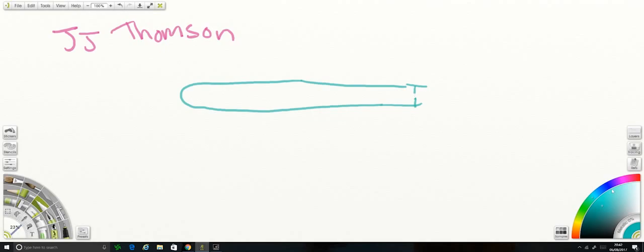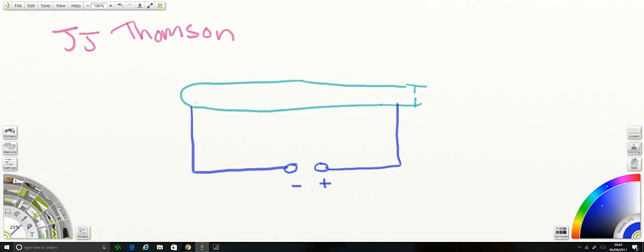Brilliant. What he does is he connects a power source to it. Here's my symbol for a power source. You learn that in physics. That power source, of course, has a positive and a negative side to it.